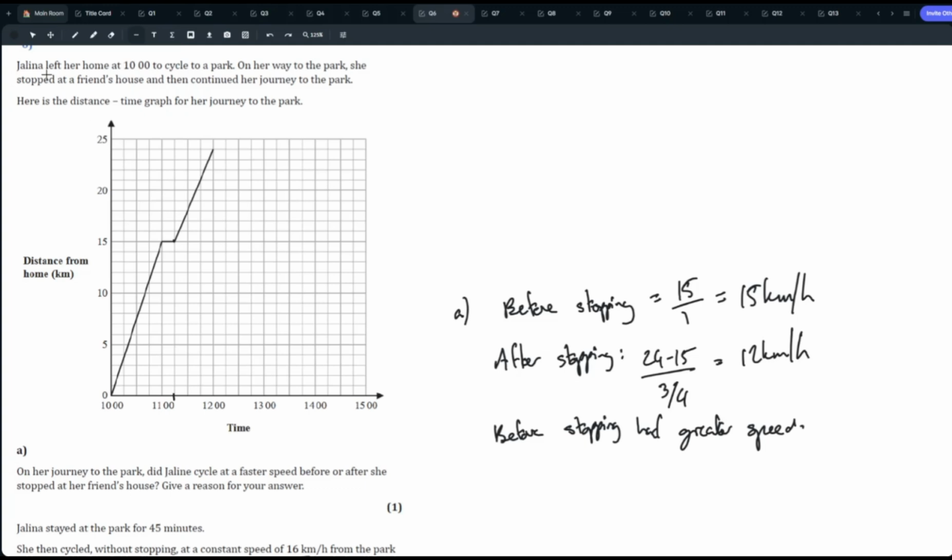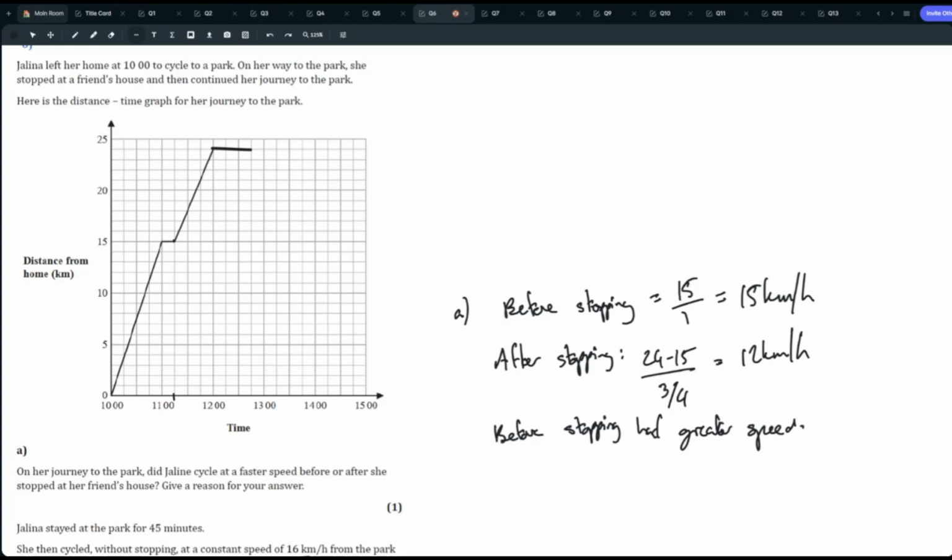So let's get a line tool. So if she's at 12, remember at this point it's at 12. So we're going to go across by 45 minutes. And that'll be 12:45, which will be this point there. Okay, the next bit is we need to work out when she's traveling back, or the distance from home.